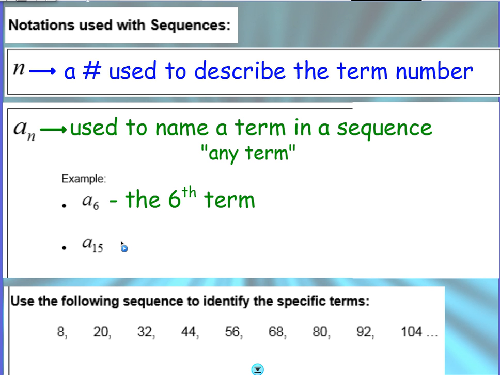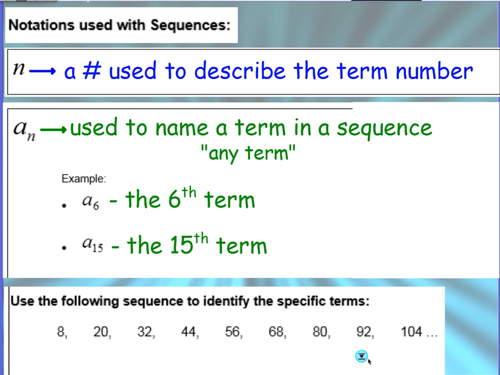And we're always going to use the letter a when we talk about sequences in this unit. The next one, a sub 15, is going to stand for the 15th term in a sequence. So any number that takes the place of n when it's next to the letter a, and it's written a little bit smaller at the bottom, is just going to stand for that term number.